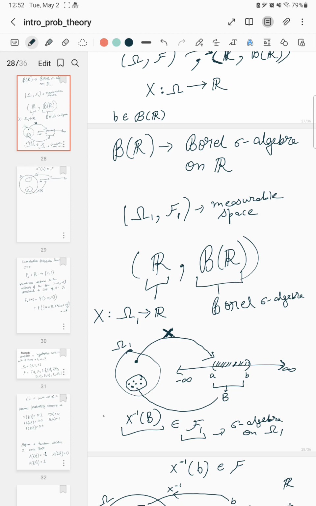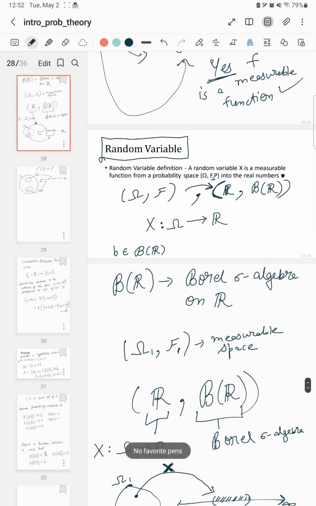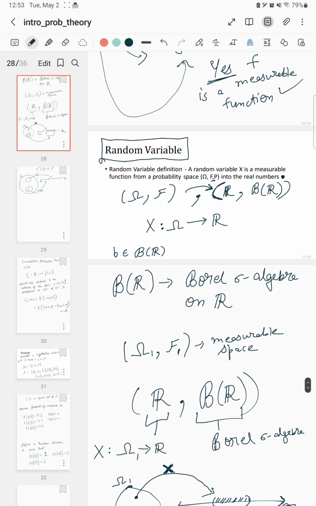If x satisfies this condition, then that means x is a valid real random variable. Okay, so this is the definition of a real random variable.